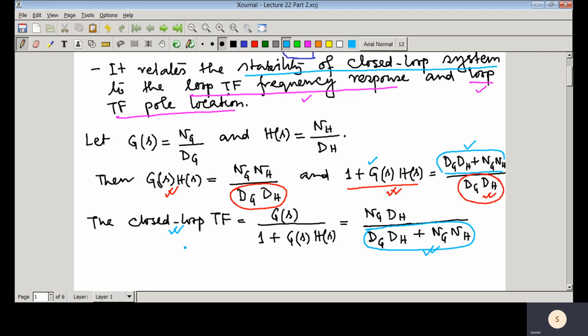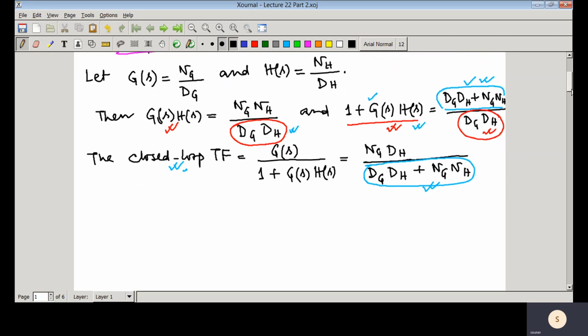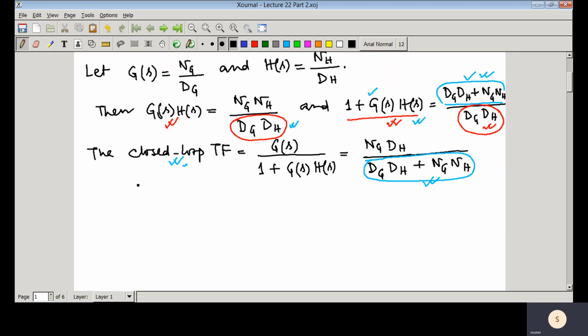Repeating: the closed loop system's poles are nothing but the zeros of 1 plus G(s)H(s). On the other hand, the poles of 1 plus G(s)H(s) are nothing but the poles of the open loop transfer function. We write it here because this information will be required whenever we discuss the Nyquist stability criterion.